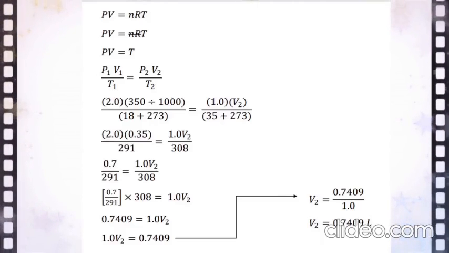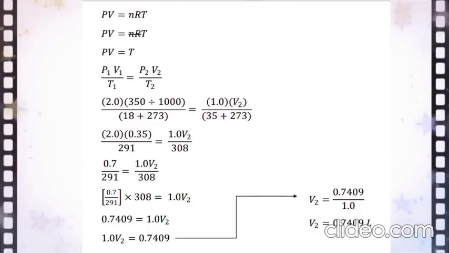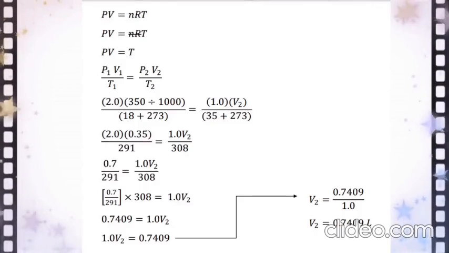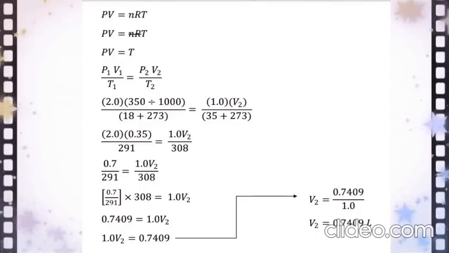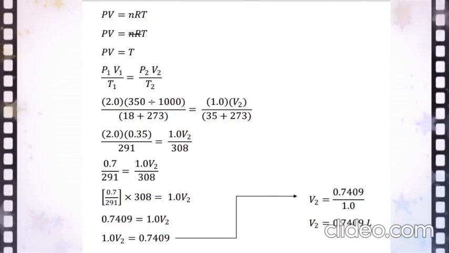So the value becomes 2.0 multiplied by 0.35 divided by 291 equals 1.0 V2 divided by 308. Then it becomes 0.7 divided by 291 equals 1.0 V2 divided by 308.